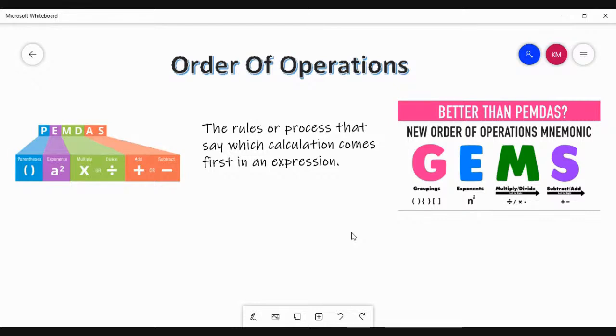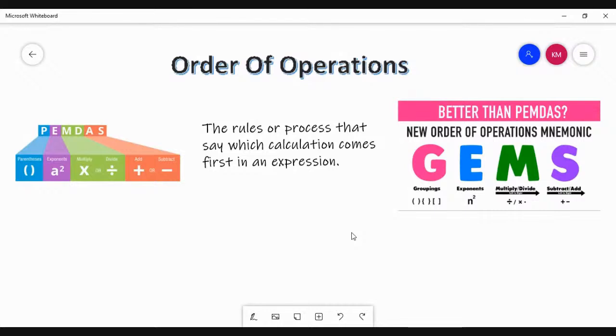Now, if you are growing up in the new age of math, which is the Common Core standard, the new order of operations is called GEMS, just like an emerald or a ruby. GEMS follows the same exact pattern as PEMDAS, but it has been renamed for certain parts.